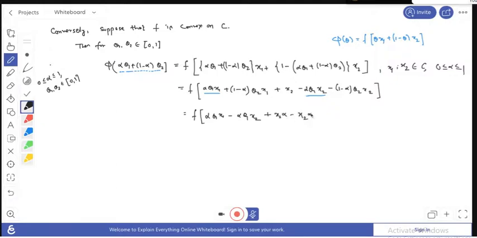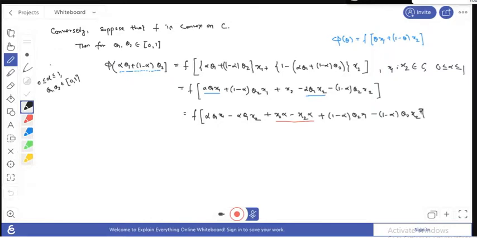These are additional terms; we are adding and subtracting these two terms. Then plus the remaining terms: if you take 1 minus alpha common here, you can simply write 1 minus alpha, and in the next line we take the common factor. And here this is minus of (1 minus alpha) theta 2 x2.